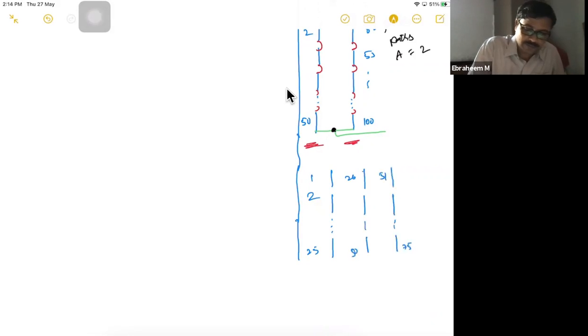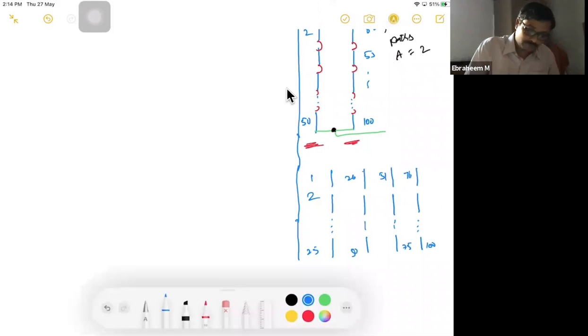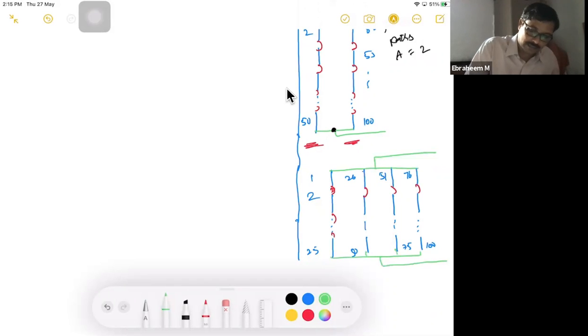This is 51, and like that, this is the 100th conductor. This is 76. So the first 25 are in series, the next 25 are in series, right? Now these four paths are connected in parallel like this.